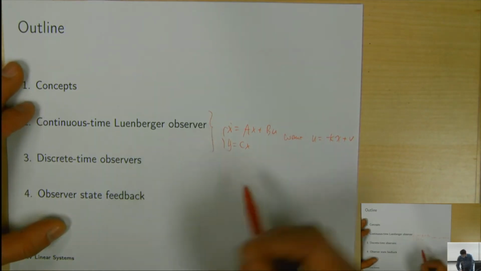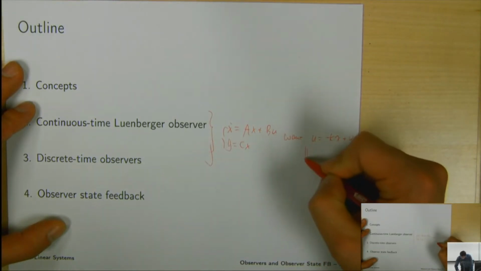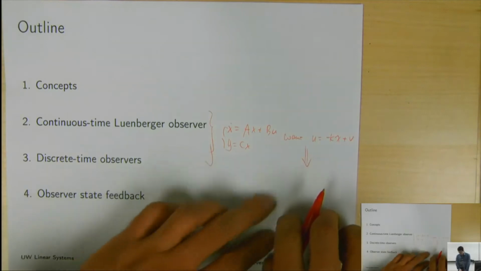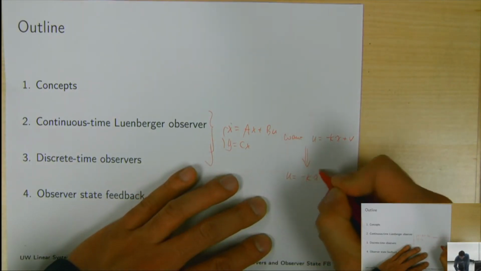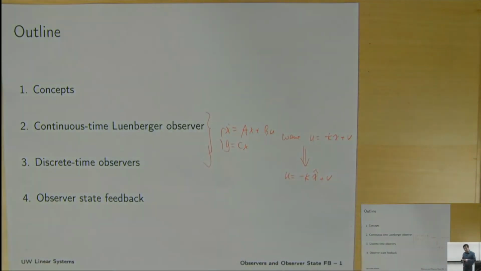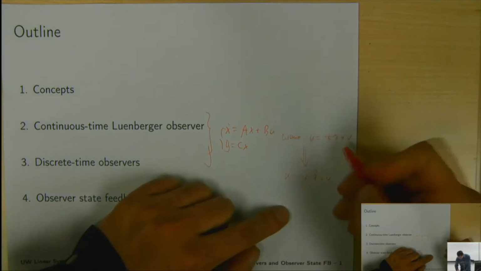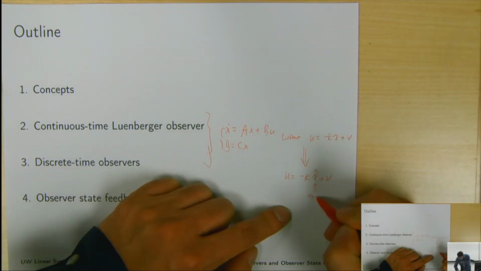So these observers are going to give us the next best alternative to the state feedback design. Instead of the full state, we do a state estimate.